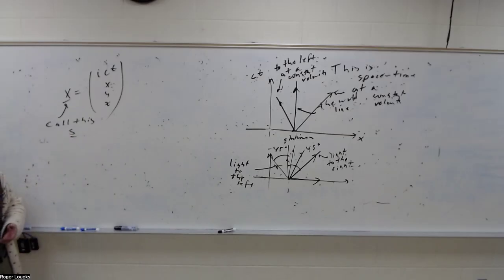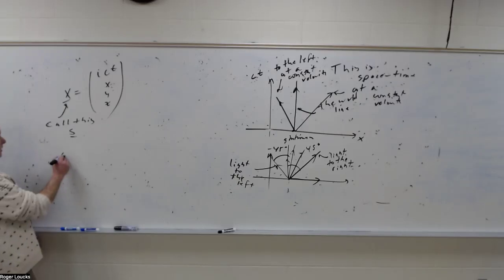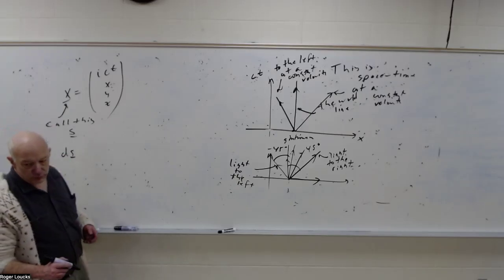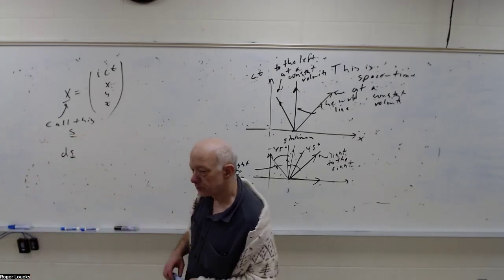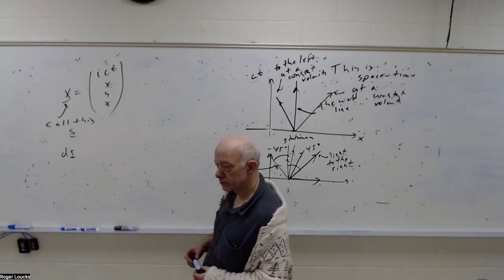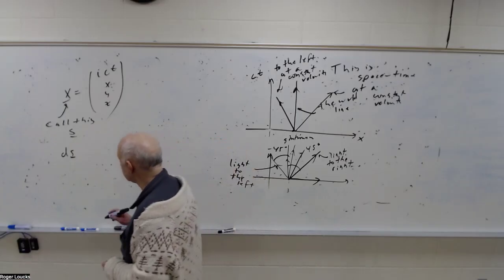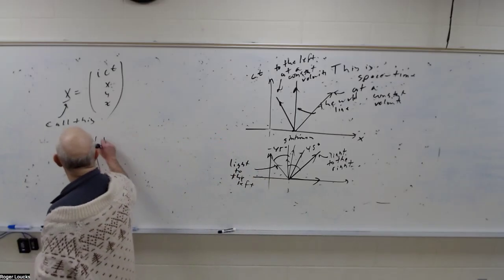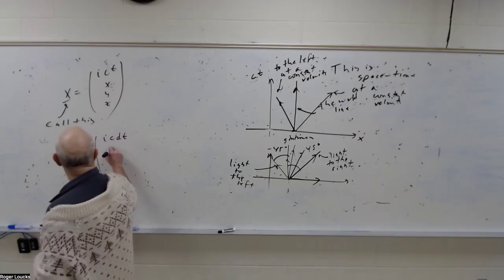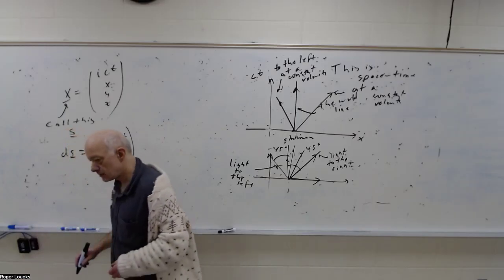And what I want to do is look at a differential of this. If I want to look at ds, the differential of this, what would that be? I just put d's in front of things. So this would become ict, x, y, z with d's in front: i c dt, dx, dy, dz.